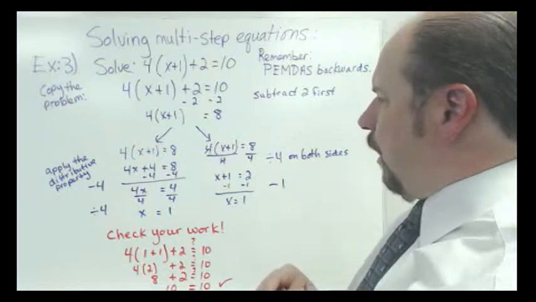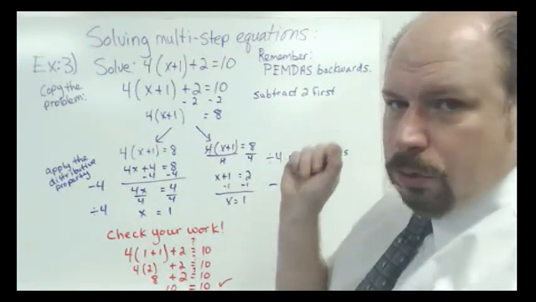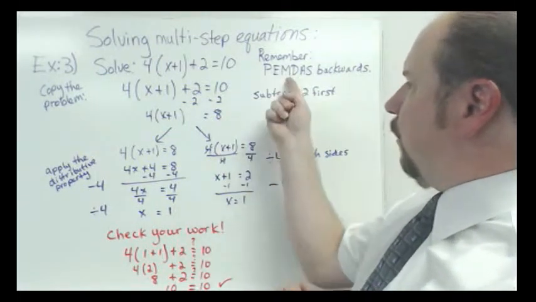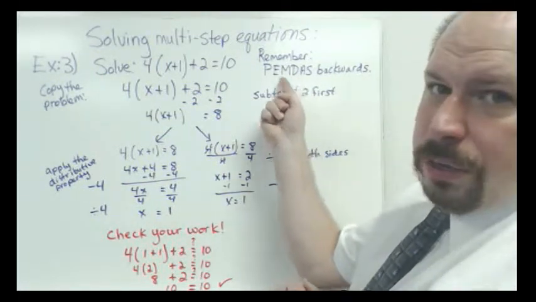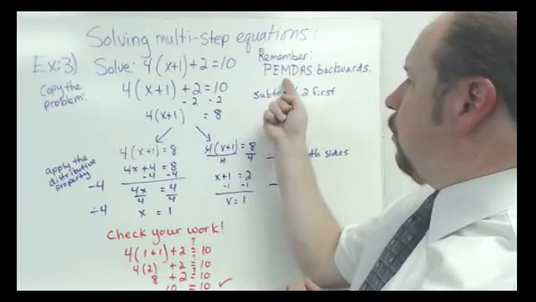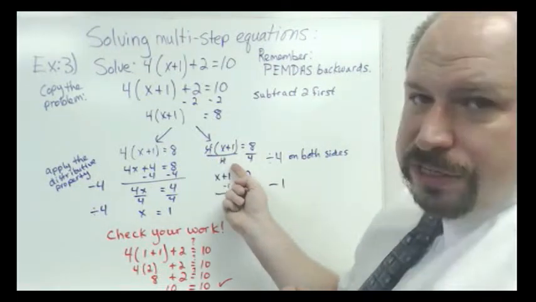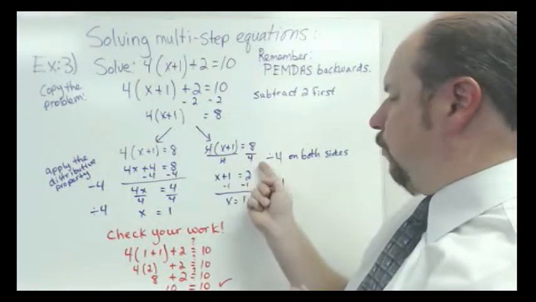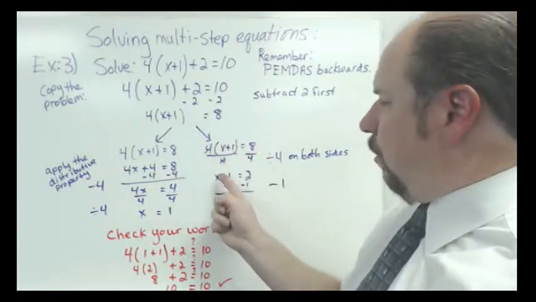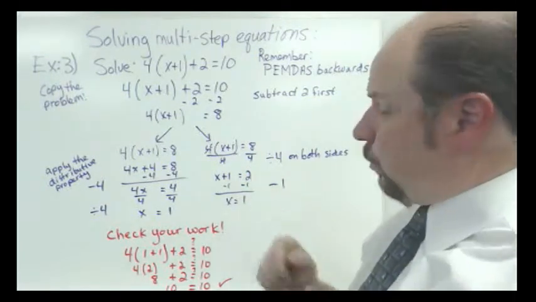The other method we can do, if we're thinking about order of operations backwards, remember after we subtract, the next thing we can do is multiply and divide. And our parentheses would be last. So let's go ahead and divide both sides here by 4. And when we do that, we get what's left inside the parentheses by itself, which is x plus 1, and 8 divided by 4 gives us 2.